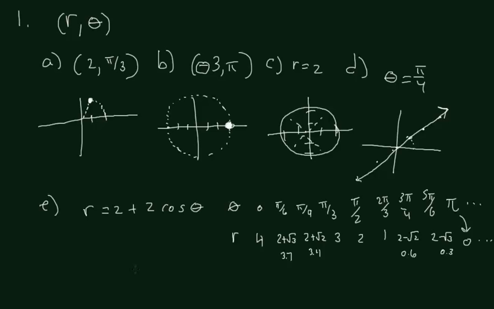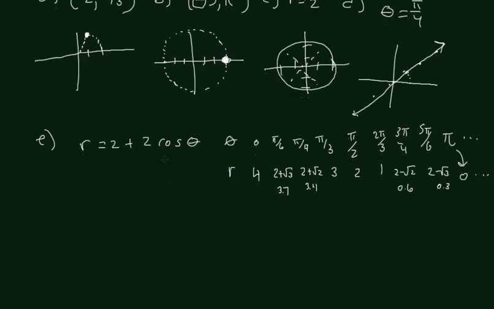Now we're going to take a moment and we're going to graph this. It's a little bit tricky on this format to graph, but I'm going to try my best. So there's a Cartesian plane. When theta equals 0, the radius is 4.